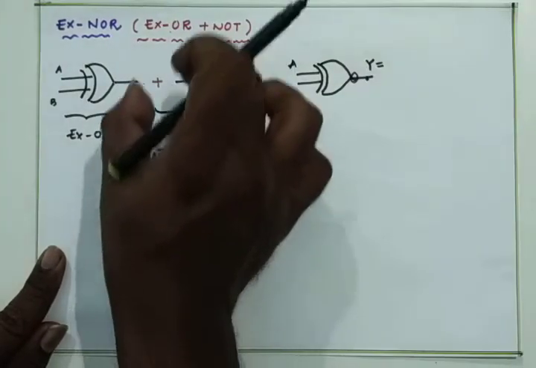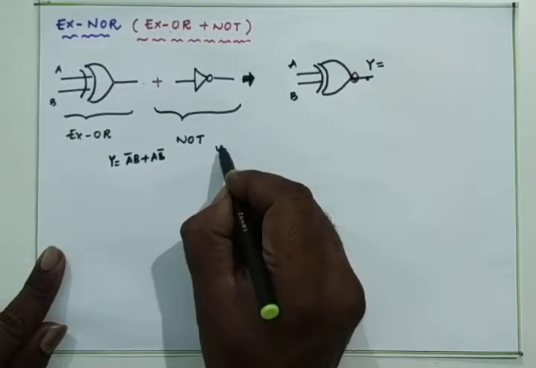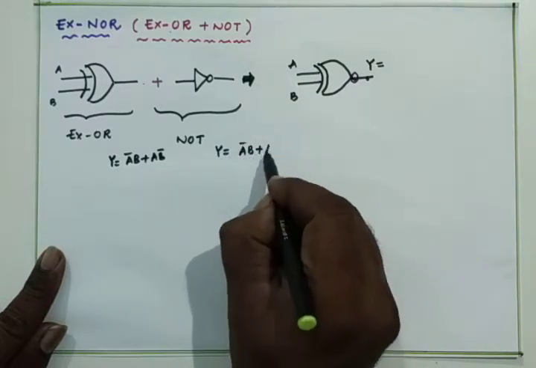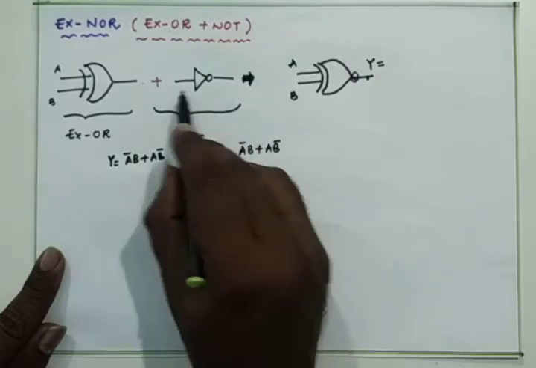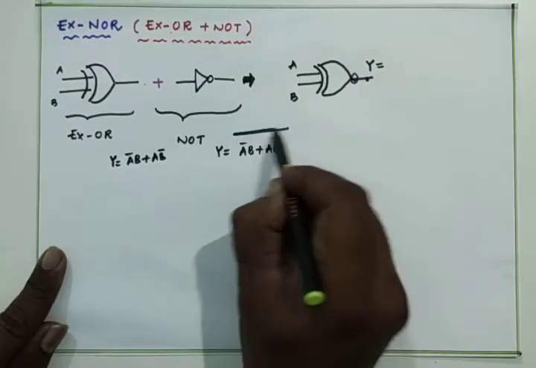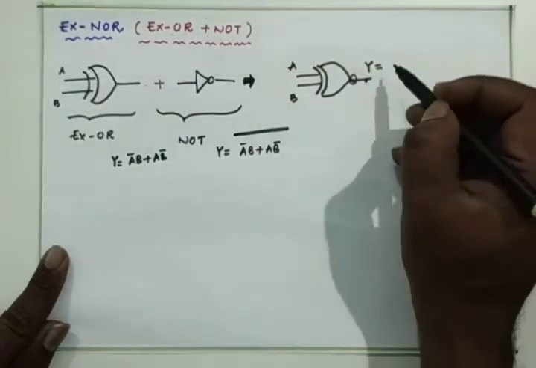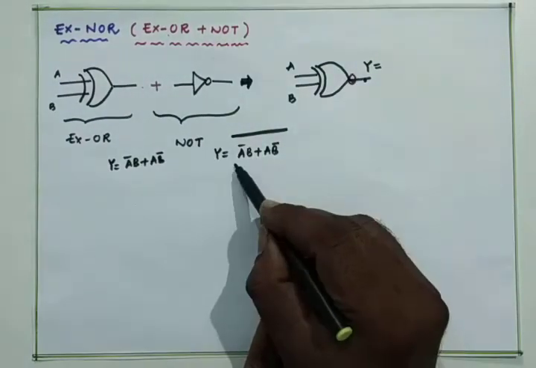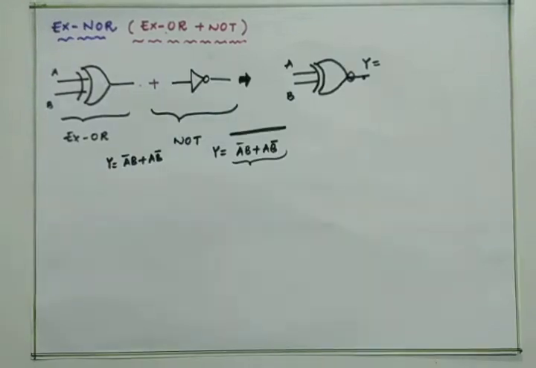Now this acts as an input for this one, so the output of this one is Y equals A bar B plus A B bar, and it provides the whole complement. So the output of the exclusive NOR is nothing but the complement of exclusive OR only.